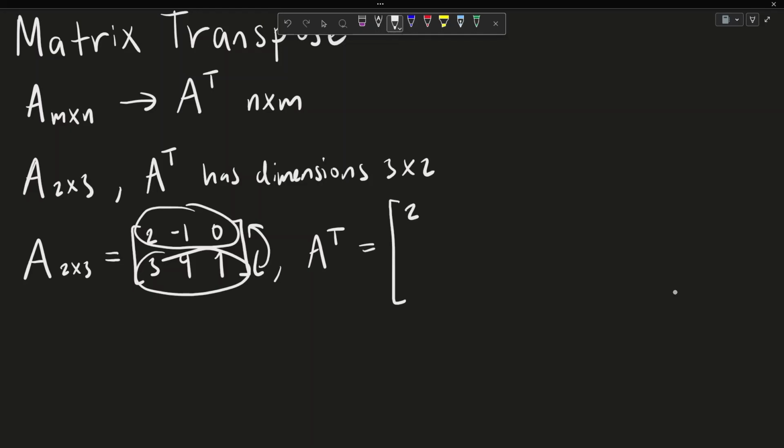It will now be 2, -1, 0, 3, 4, 1. That is with dimensions 3 by 2.